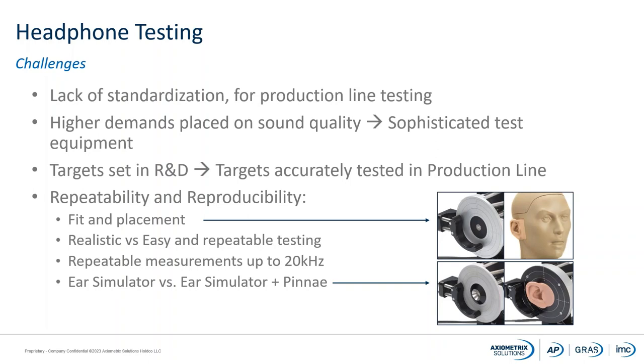There is a standard way of doing it when we are talking about R&D and type approval, because then we have to go back to the IEC 60268-7 standard, which actually describes what to do. But in the production line testing, it's actually more or less up to yourself finding out what type of test we actually have to carry out.